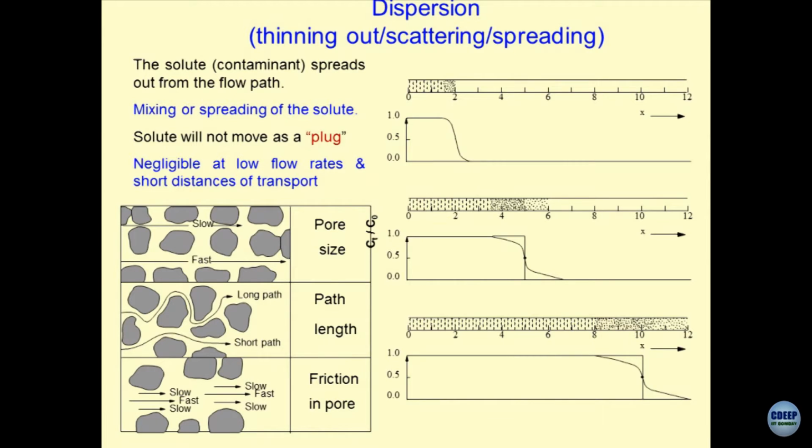Imagine a situation where within the pores you have a velocity contrast. This is going to result in the dispersion process. Similarly, the long and short path distances within the pores are also going to create dispersion phenomena, and of course, the pore size. If pore sizes are not uniformly distributed, the dispersion is going to be prevalent.